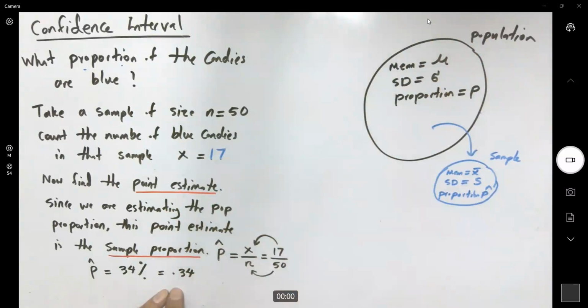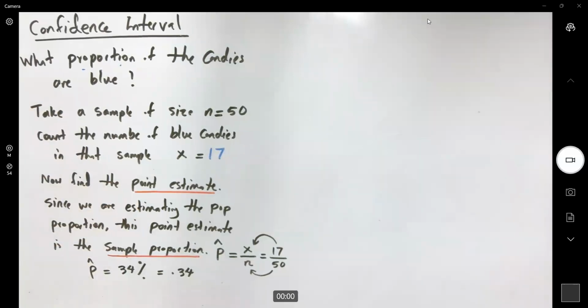We cannot do that. It's not accurate. What do we need? We need something that we call the confidence level.